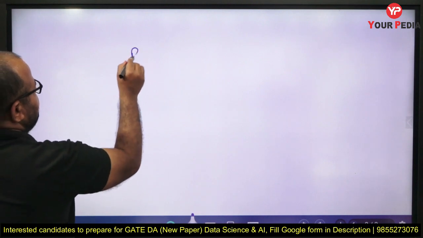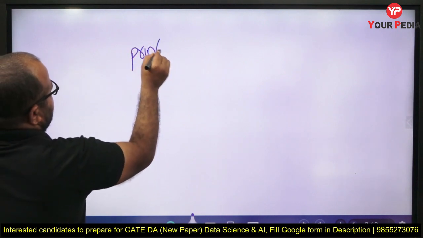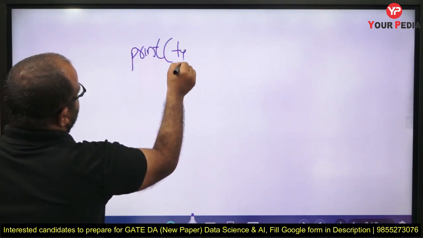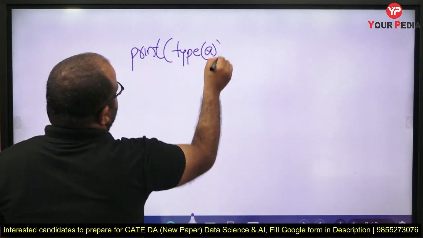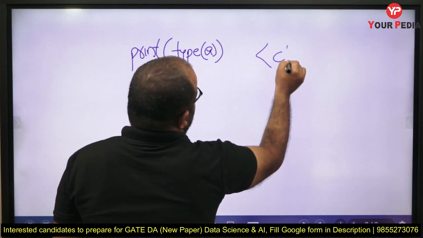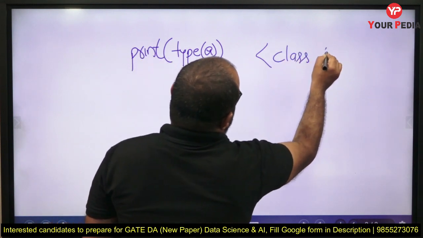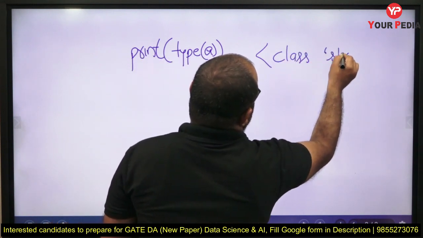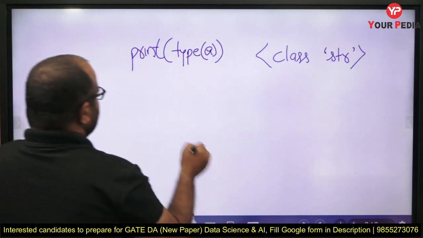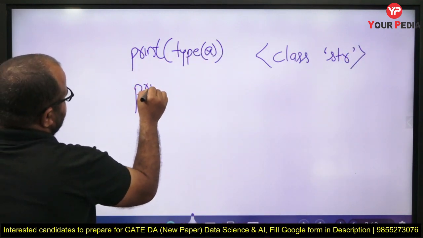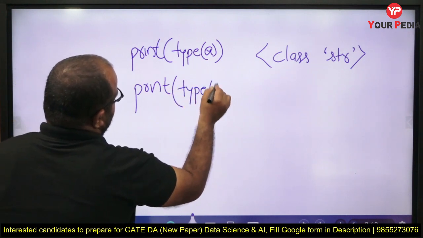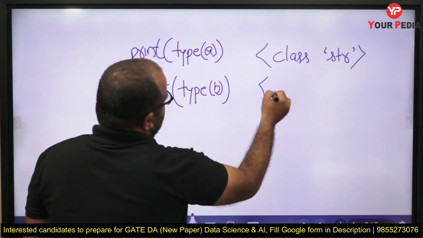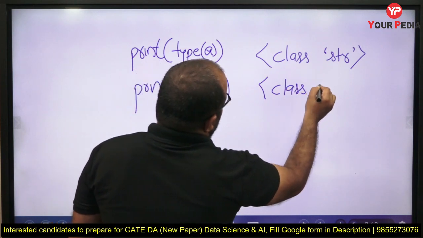You have to write print type a, and the output of this is class str. It means it is a string. If you again write print type of b, again the same case, class str.